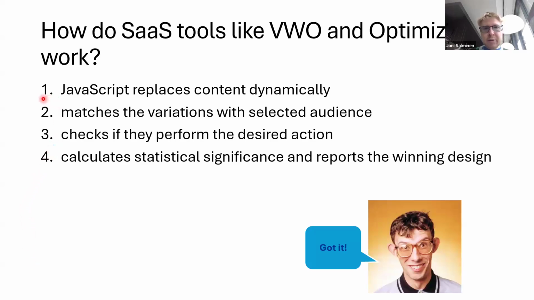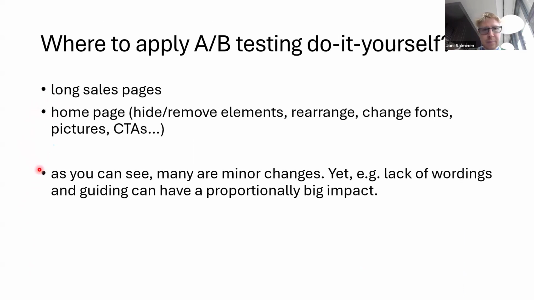And I already mentioned how these tools like Visual Website Optimizer work. They use JavaScript, and they do a lot of the background stuff automatically for you, including dividing the traffic and calculating the statistical significance. So there are some use cases where they work better.